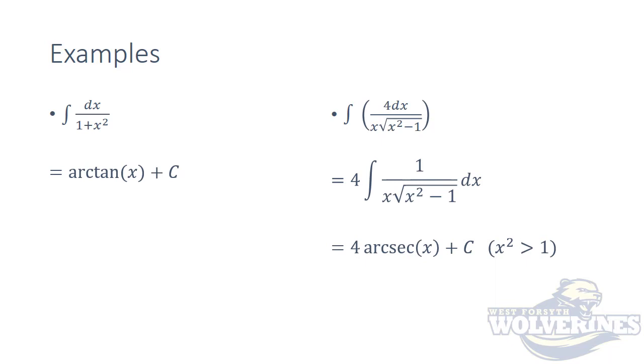And we have to put that restriction that x squared has to be greater than 1, because if you look at the radical in the integrand, the root of x squared minus 1, that only works if it's greater than 0. Obviously, if it's 0, you get a 0 in the denominator, and that's problematic. But you also can't have a negative under the radical in real number land, so x squared has to be greater than 1 for that to work.